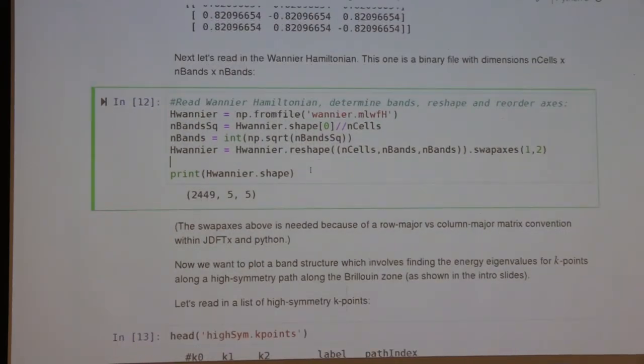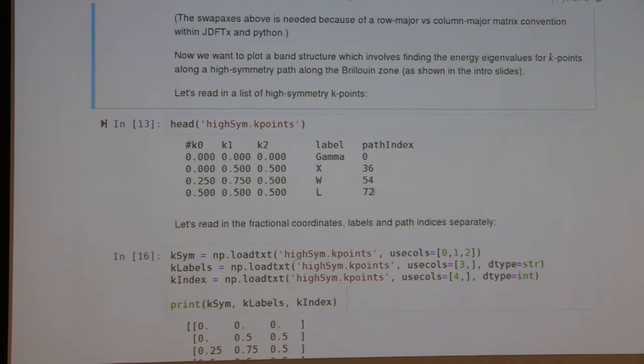Then we read and reshaped the Wannier Hamiltonian to this, the number of cells, which is telling you the relative displacement in terms of unit cells between matrix elements of the Hamiltonian. And then for every Wannier function in one cell and every Wannier function in the other cell, you have a matrix element, right? So we wrote that in.